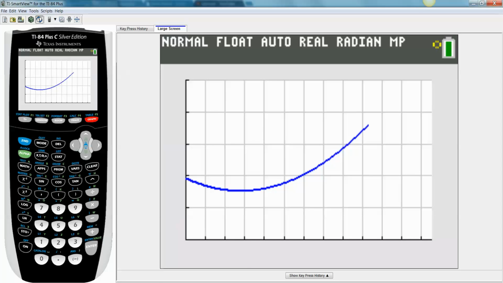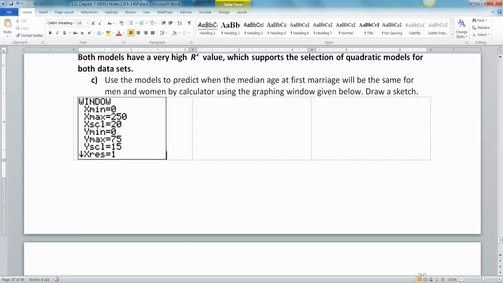So there's the male data, blue, and there's the female data, which is red, right there. And you can see they intersect right in there, where they're kind of on top of each other. So we are going to find that intersection, using the models to predict when the age of first marriage will be the same.